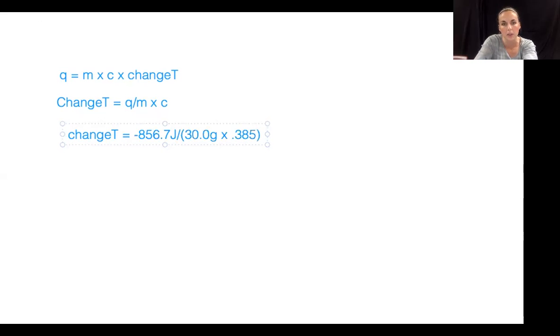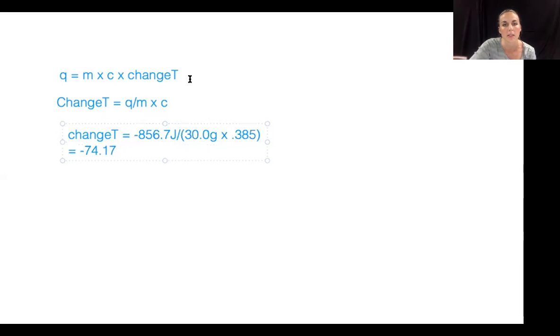I'm not going to write out the unit because it's all going to cancel out. In the calculator, let's do negative 856.7 divided by parentheses 30 times 0.385. And I get negative 74.17. That was my change in temperature.